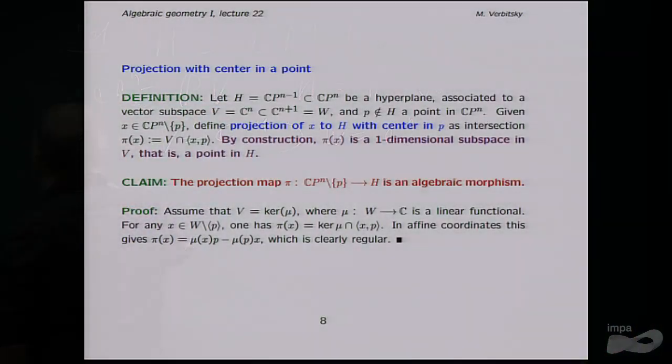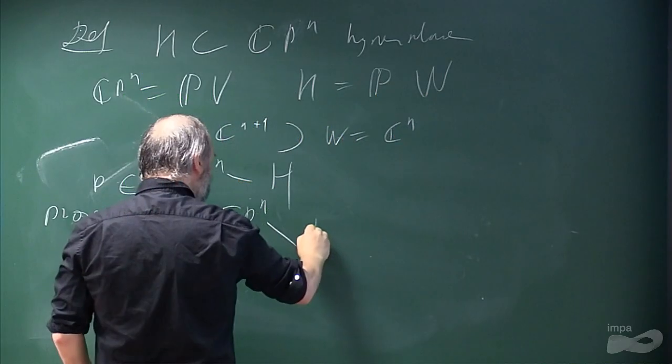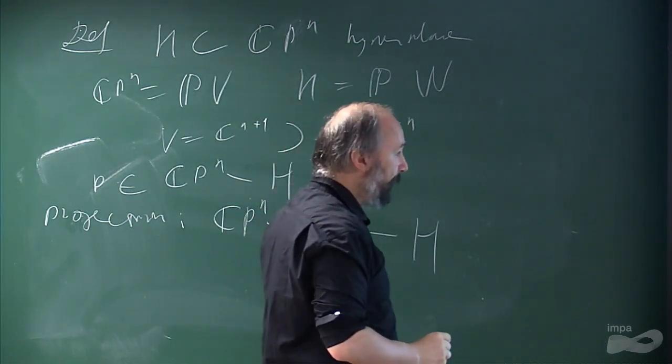Again, then we take P outside of H. So this is a point in CP^N without H. Then we define a map, projection, from CP^N without P to H, defined as follows.